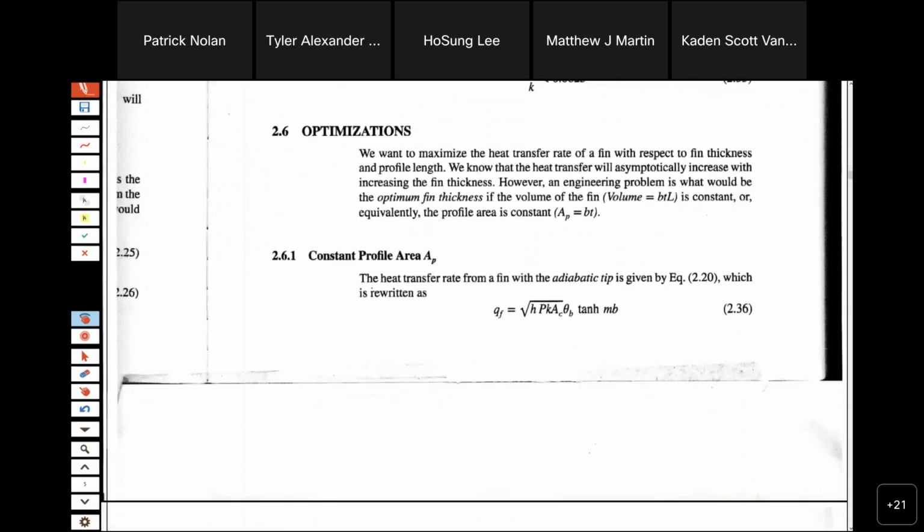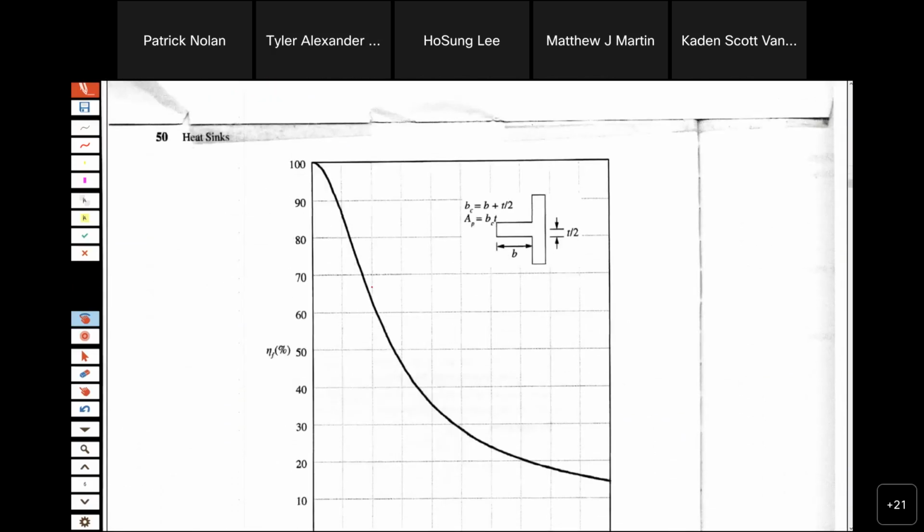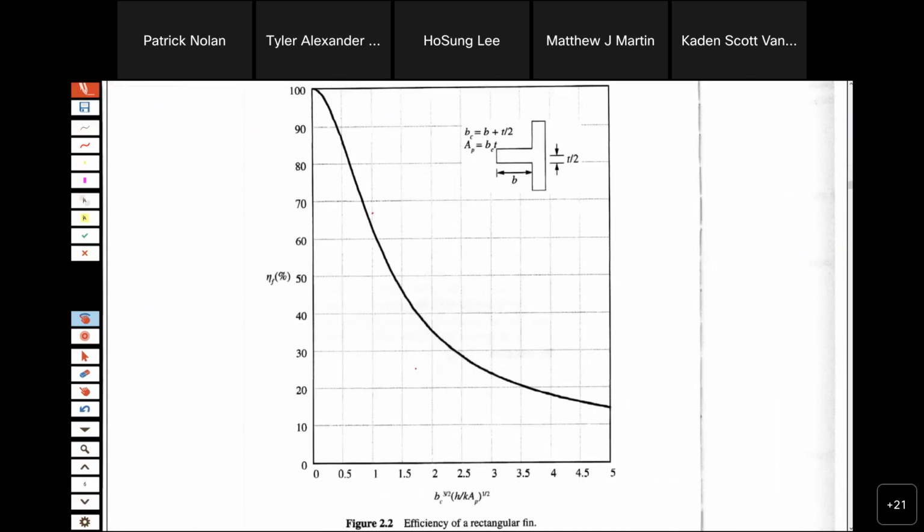So if we plot the dimensionless efficiency, this represents h, k, A_p constant, versus B. B_c is B plus t over 2, a little compensation for the adiabatic tip.